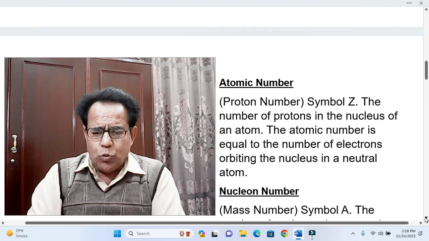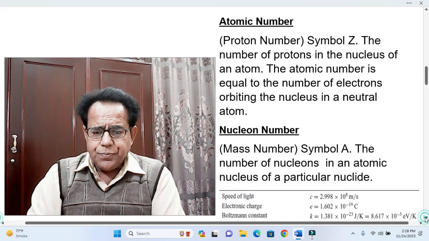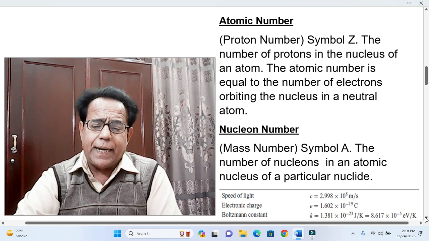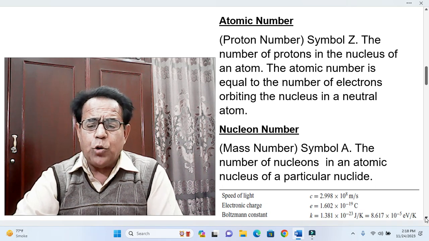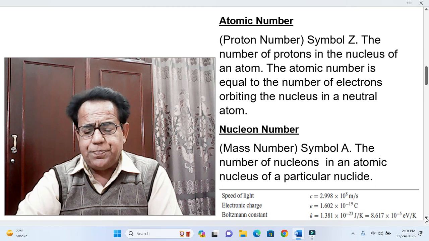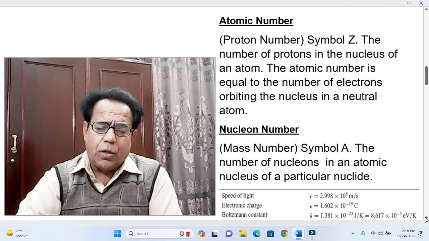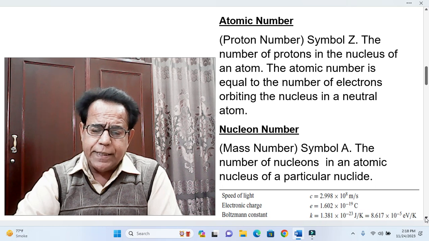Now we come towards the atomic number. Atomic number or proton number, symbol Z, is the number of protons in the nucleus of an atom. The atomic number is equal to the number of electrons orbiting the nucleus in a neutral atom.